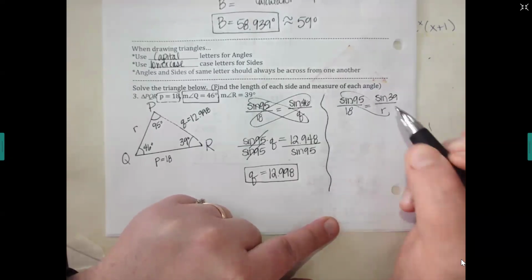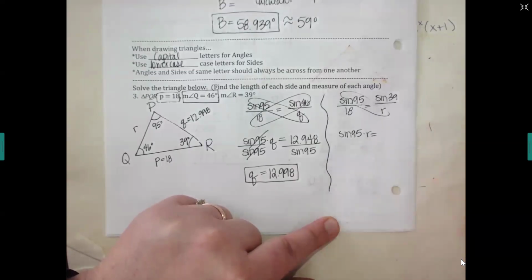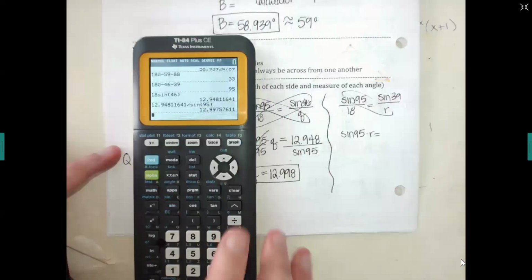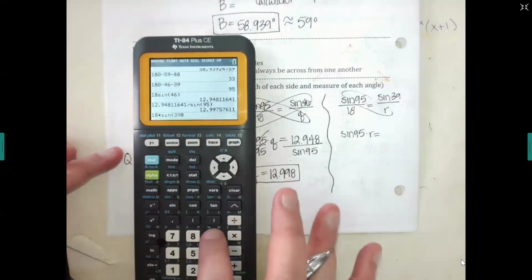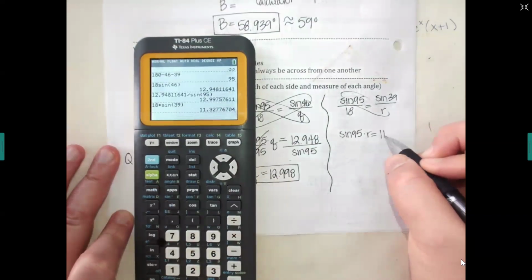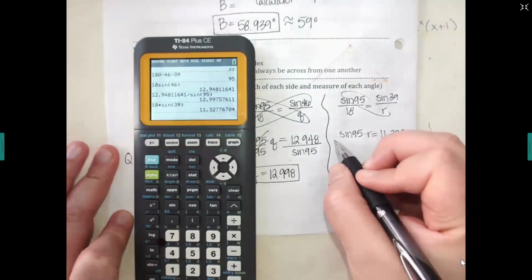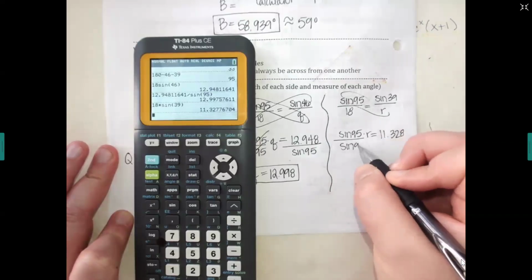So sine 95 times r is itself. 18 times the sine of 39 is something, 11.327, which will round to an 8. And then divide that sine 95 across.